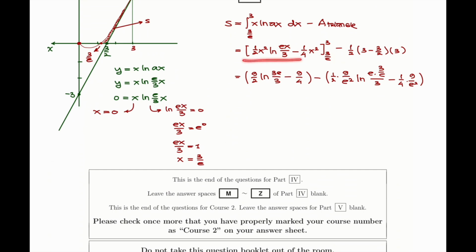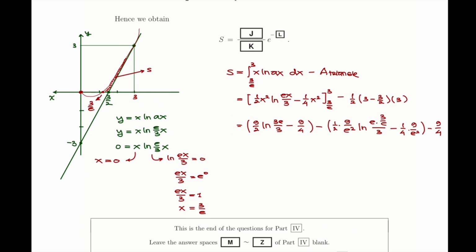This is for the integration part. We got this, and then minus this one. Half times 3 over 2 times 3, which is 9 over 4. Okay, by solving this expression, we will get S.